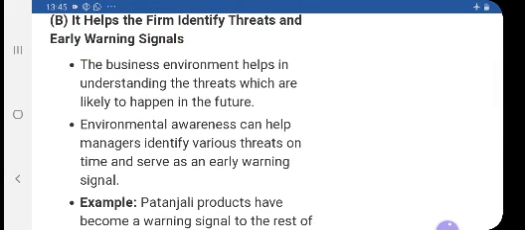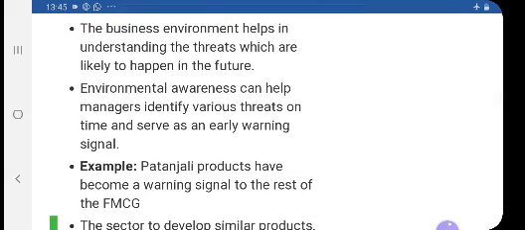Like Patanjali products have become a warning signal to the rest of the food manufacturing group, meaning FMCG. Due to the popularity of Patanjali, it is a threat for other companies, because if they use herbal and natural products, they will get demand because of awareness of people regarding health.